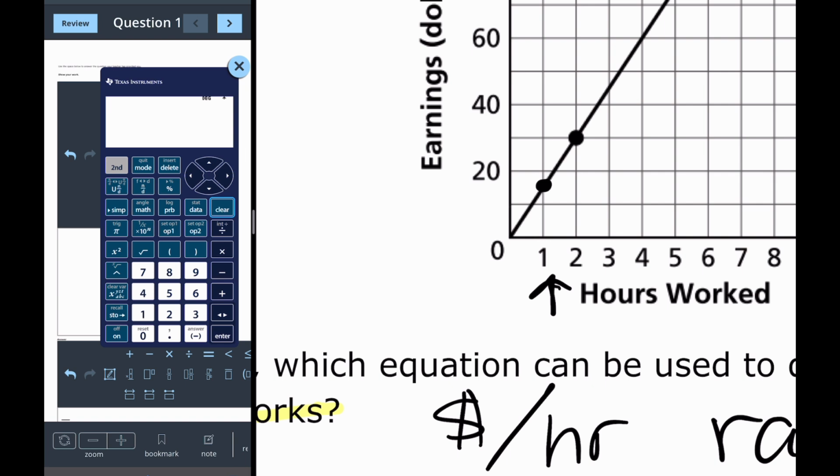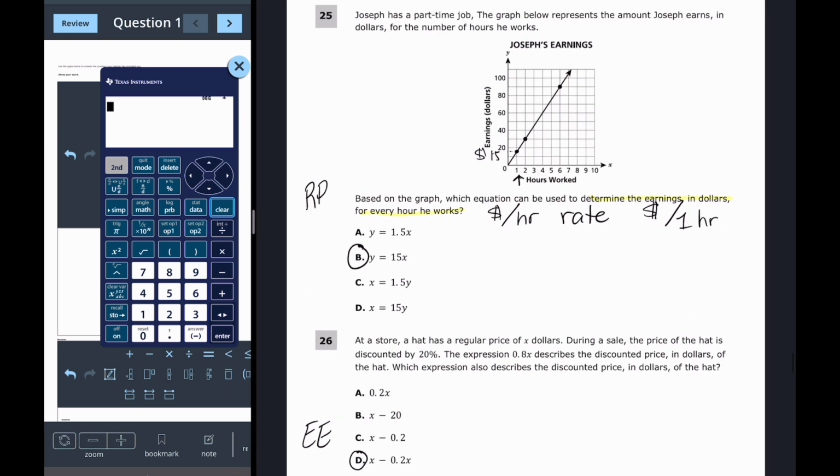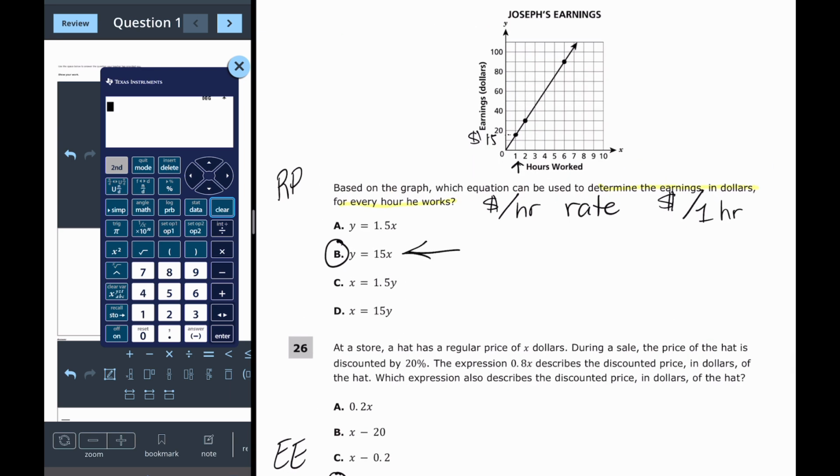And in 1 hour, he spends $15. Okay, let's zoom it back out. I wrote a percent part by accident. So 1 hour, he spends $15, and I can represent that as 15x.